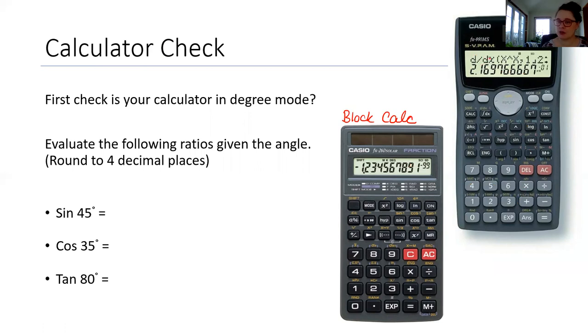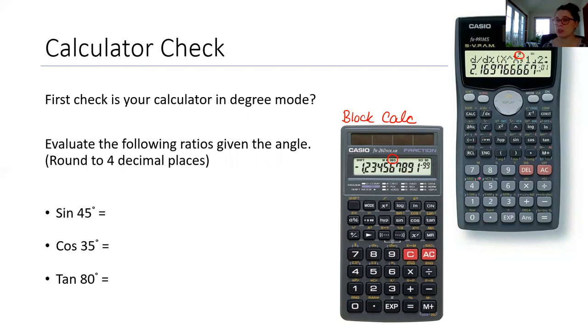When we're using trig functions, if you're going to be using sine, cosine, and tangent, or if you're going to be using angles, one of the first things we need to do is check our calculator to see if it's in degrees. In this calculator, up at the top, you'll see it says DEG. Sometimes it will just have a D, and I'm looking for this one right here. This second calculator, there is a D right up there.